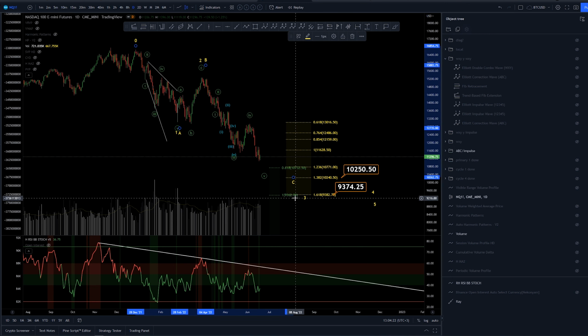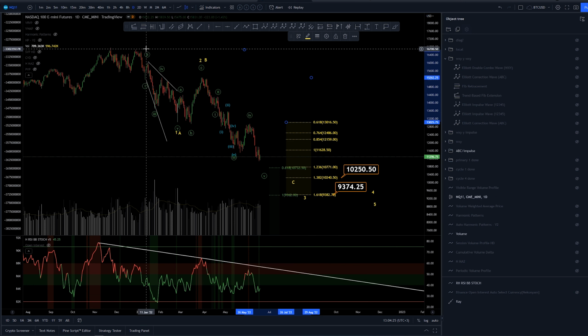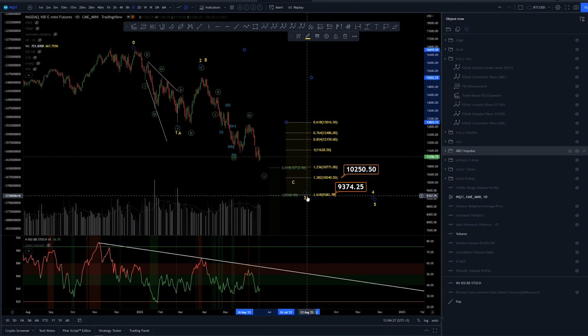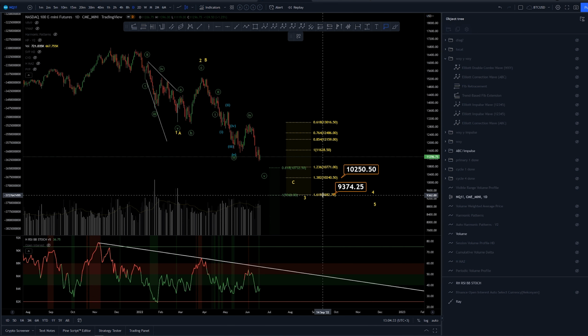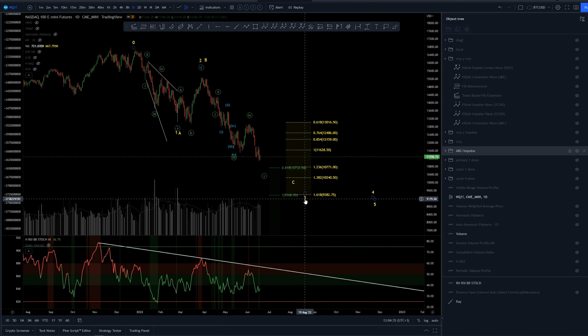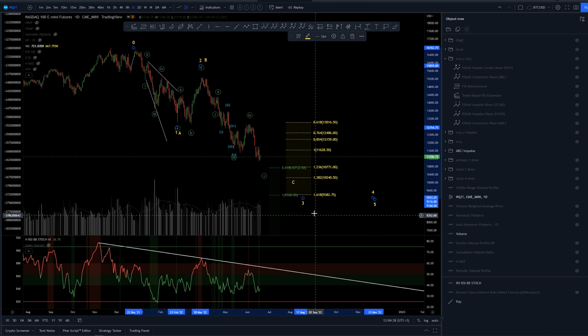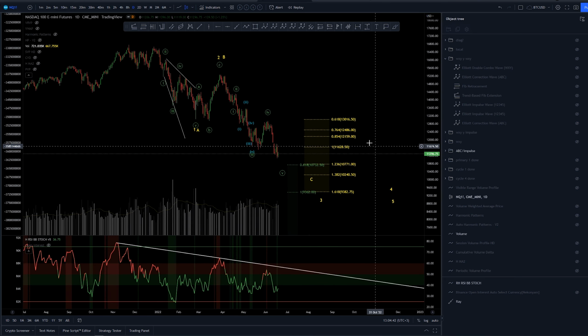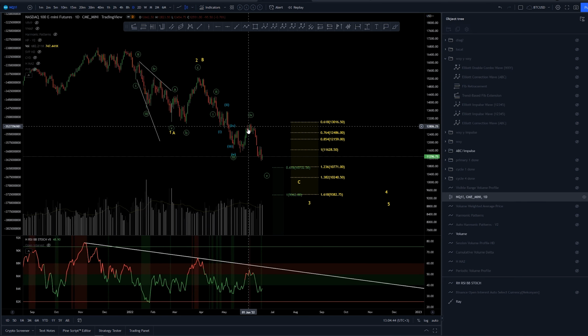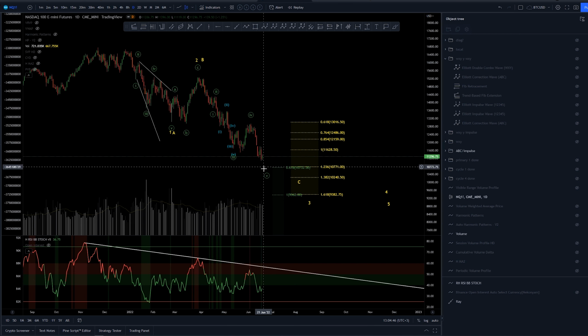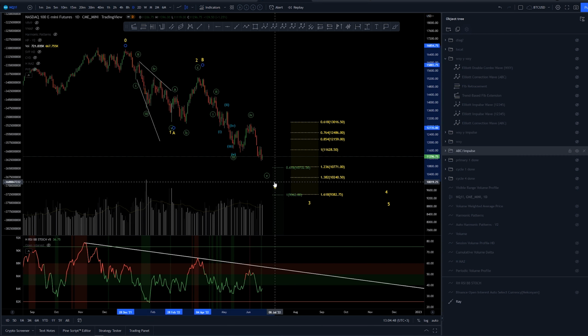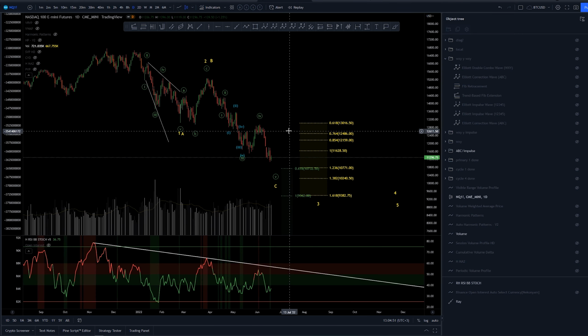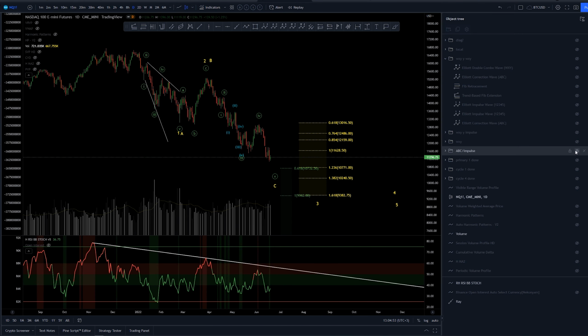Or if it goes beyond the 1.618 extension of this first leg here, or less than the $9,382 labeled here, then we would be looking at this as more of a probable wave 3 than anything else. Now, according to this count, we would be looking for the last leg here of the wave 5 of the wave C. So we'll look into that smaller degree in just a moment.